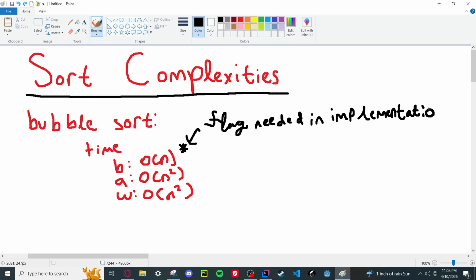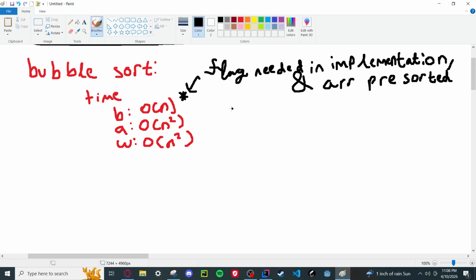And the array pre-sorted. What that means is the array is coming to you sorted, entering the algorithm sorted. And everything else is pretty traditional.